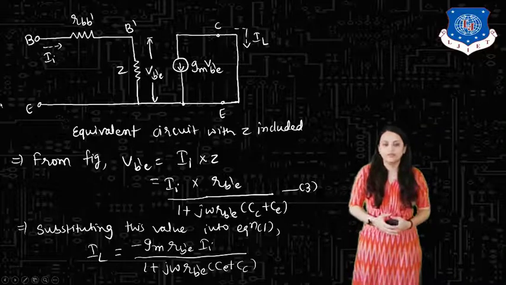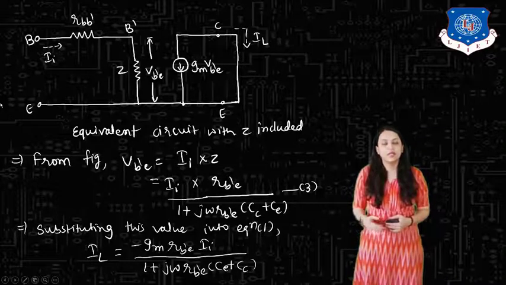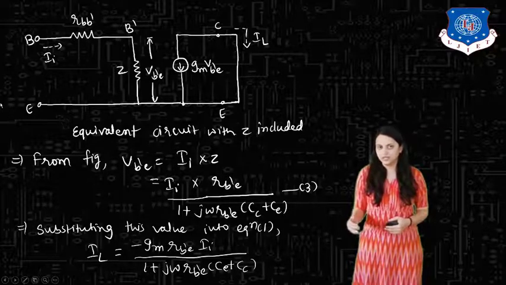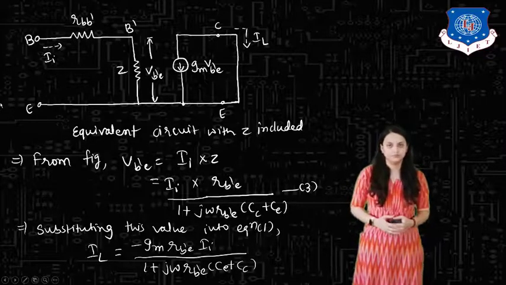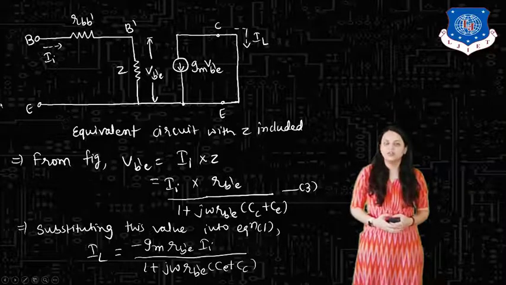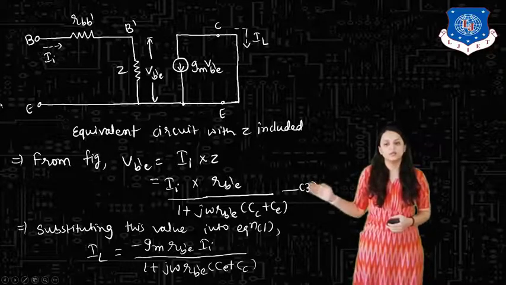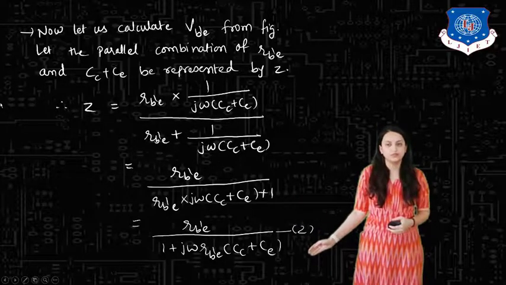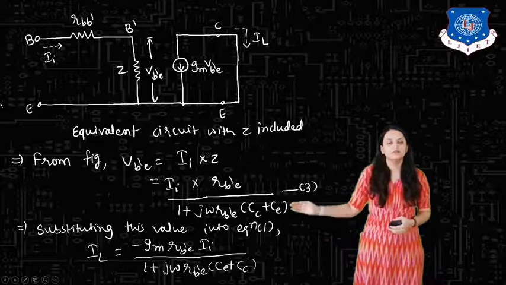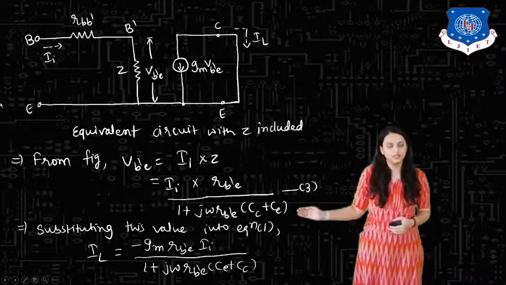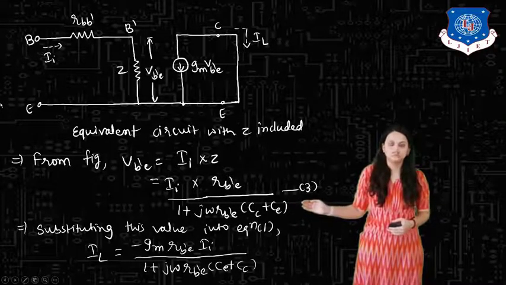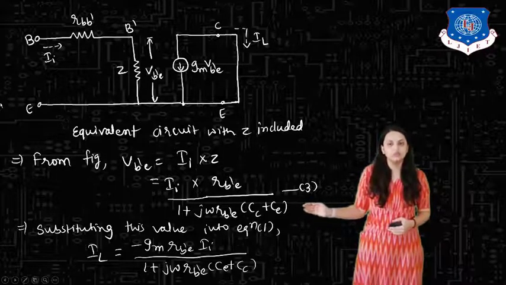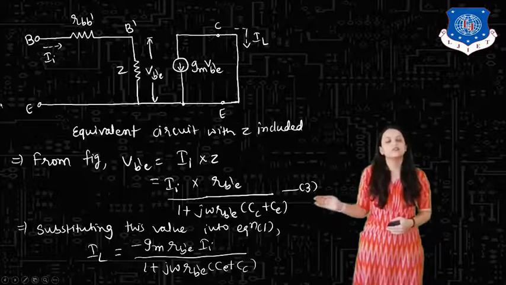So from the figure we can say that VB'E is equal to Ii, that is input current, into Z. So we have obtained the value of Z, so we are placing it over here. So that is this value, right? So by placing this value, we will get Ii into RB'E divided by 1 plus j omega RB'E into (Ce plus Cc). Let us give this as equation number 3.